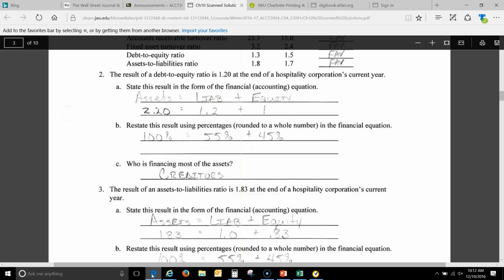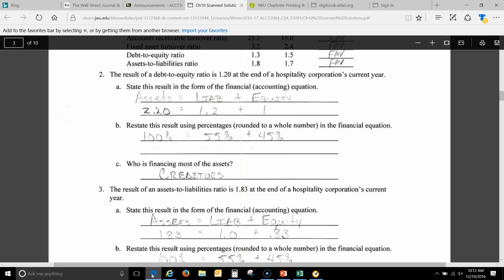To convert these to percentages. Is it going to be 1? Nope. It is going to be 100, which equals total. Percentage.